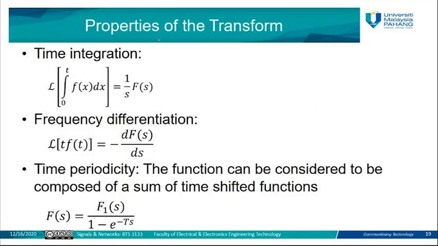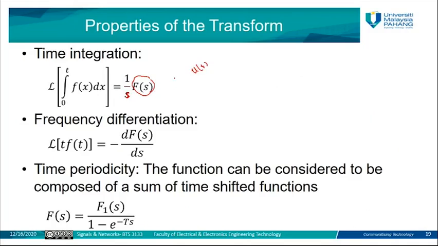Another property is integration. When you have the Laplace transform of the integral of the function f(x) dx, this will be equal to 1 over s times F(s). That means the integral of f(x) dx converts into F(s), and you add one operator 1 over s, as we saw before when we found the integration of the u(t) function.